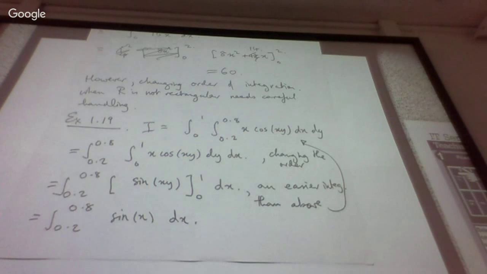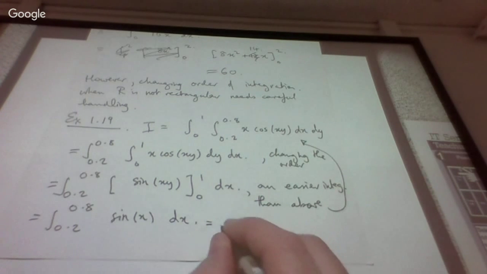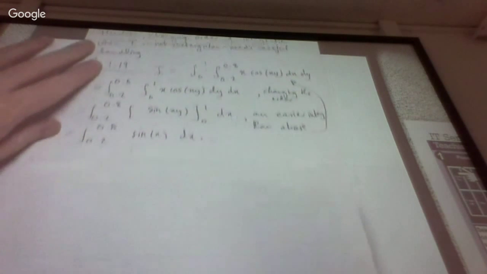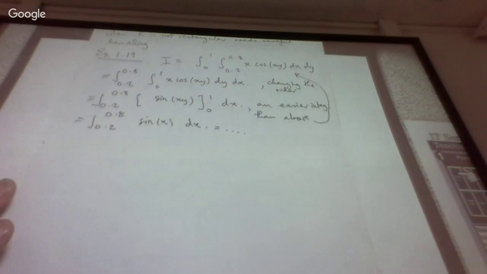So it just reduces, you can see, to a straightforward one-dimensional integral, which has whatever value it has. So often changing the order of integration can sidestep some difficulties in the integrals. Another, just before that example in the notes, was the issue of separable integrals.